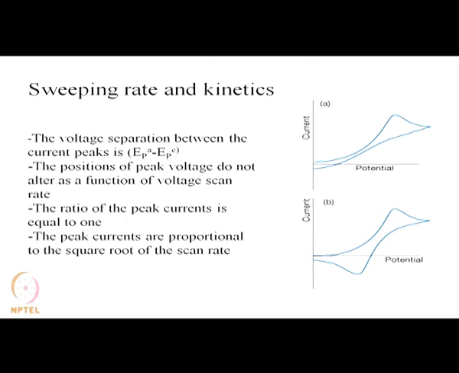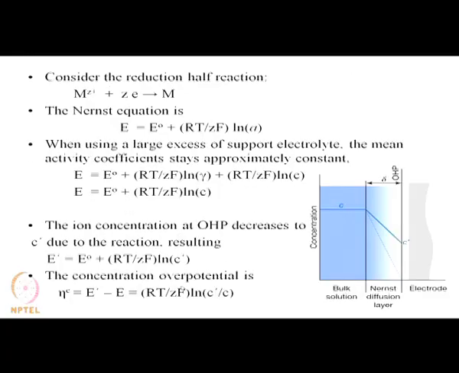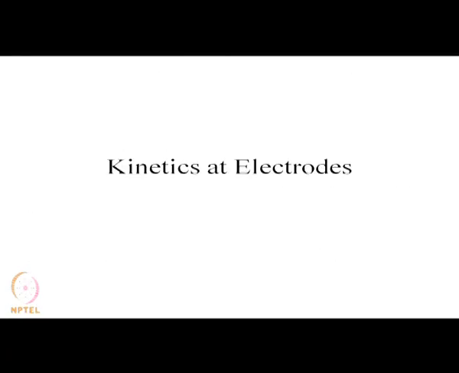What we have learned from this discussion is about the kinetics of the electrode. In this piece of lecture, we talked mainly about various voltammetric techniques like potential step voltammetry, LSV, and cyclic voltammetry.